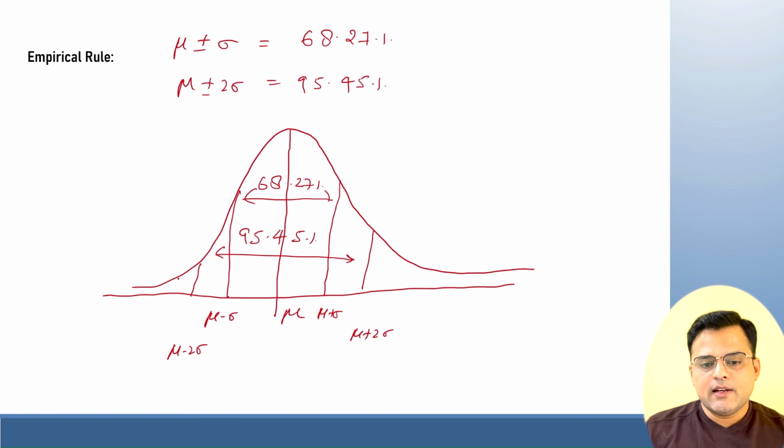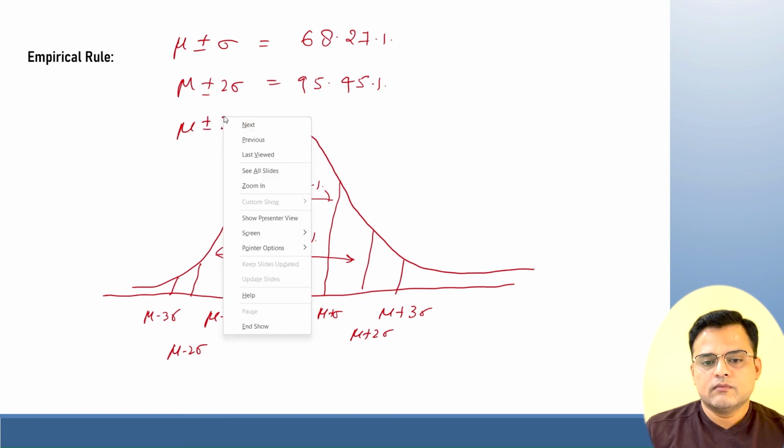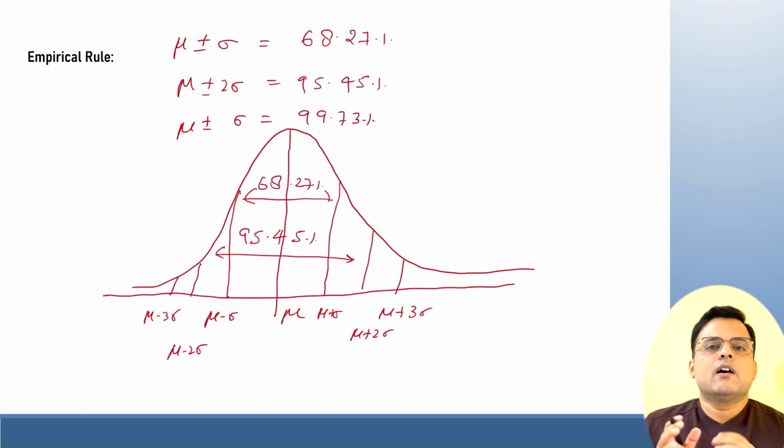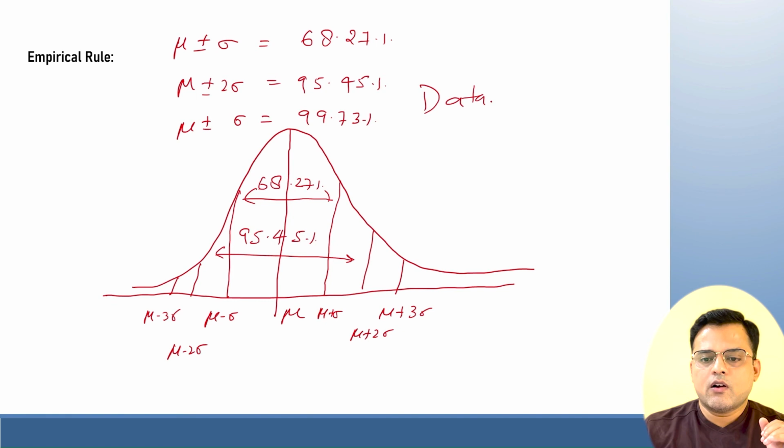And 99.73% of the values will lie within 3 standard deviations of the mean. So mu plus minus 3 sigma is equal to 99.73%.